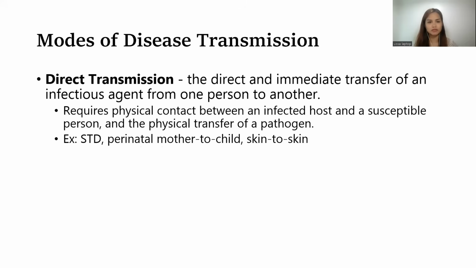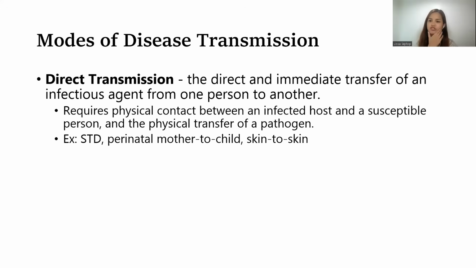Lastly, let's just briefly discuss modes of disease transmission. We have direct transmission and indirect transmission. So for direct transmission, this is the direct and immediate transfer of an infectious agent from one person to another. This requires physical contact between an infected host and a susceptible person and the physical transfer of a pathogen.